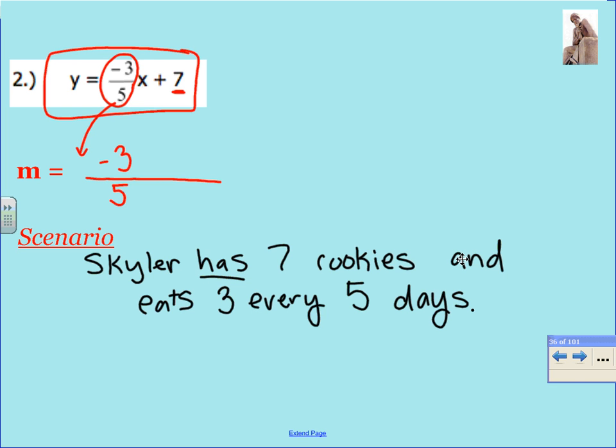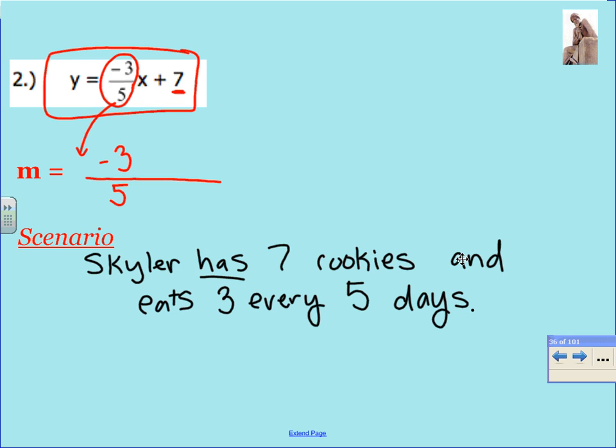This fraction's negative. This is always your rate of change, every 5 days. I know Mr. Warnock went over these a lot with you, so I'm not going to go into too much detail. We started with she has 7 cookies because that's positive, and then she's eating 3 every 5 days.